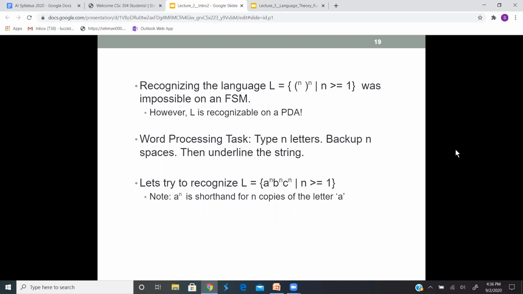If we instead have left paren to the n, right paren to the n, such that n is greater than or equal to 1, then the empty string, no left, no right, is not in there. You got the idea.